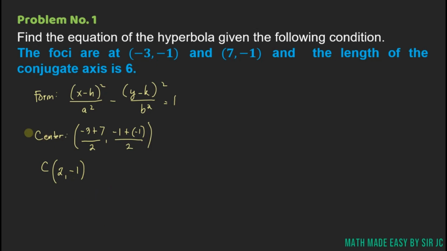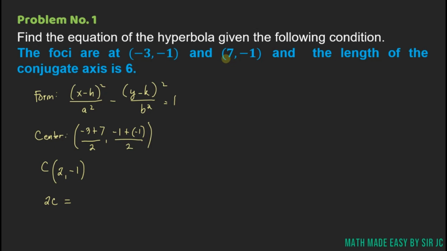Okay, so after getting the center, we need to find the values of a² and b². How are we going to do that? First, let's identify the value of c. We know that the distance between the foci is denoted by 2c. What is the distance between (-3, -1) and (7, -1)? You just count from -3 to 7, or you subtract them. -3 minus 7 is -10.